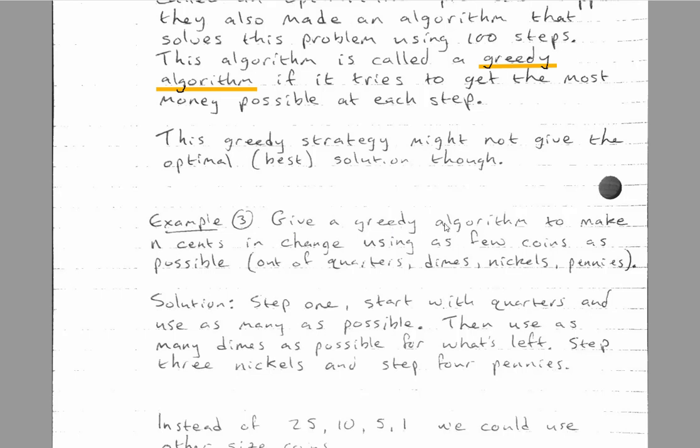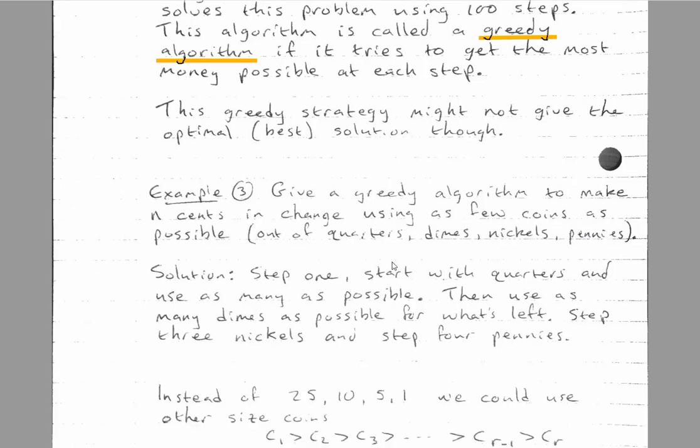Example 3: give a greedy algorithm to make n cents in change using as few coins as possible. The coins here are quarters, dimes, nickels, and pennies. So we can see the steps here.